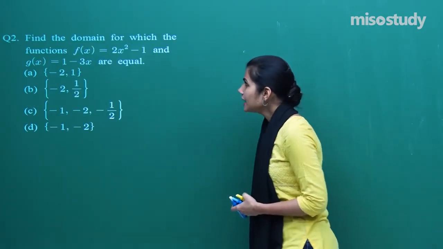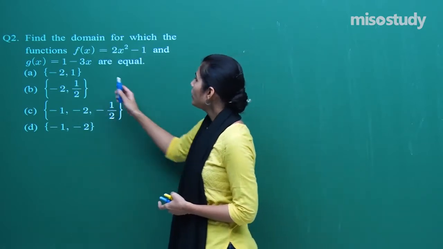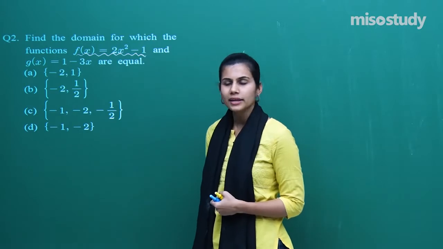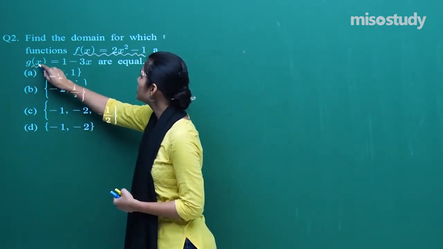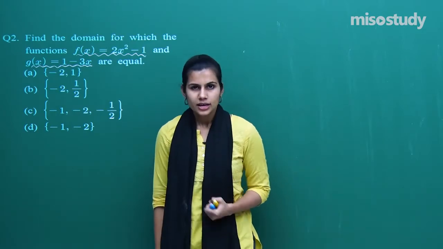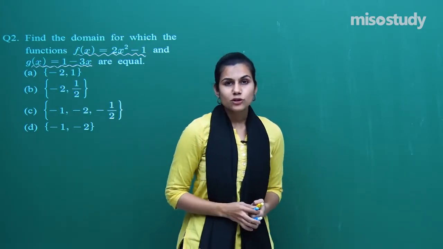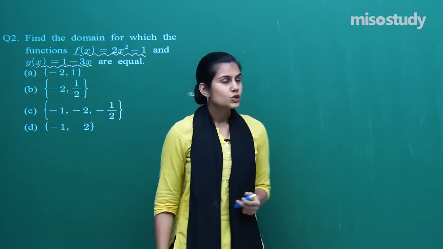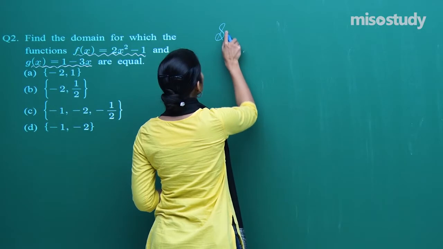It says find the domain for which f(x) equals 2x square minus 1 and g(x) equals 1 minus 3x are equal. You have to find those values of x for which these two functions are equal. So let's start with the solution.